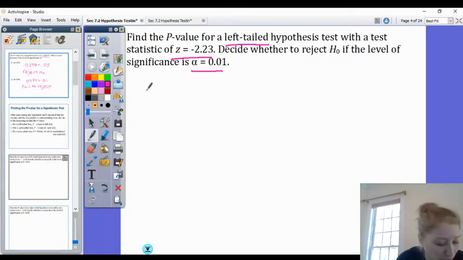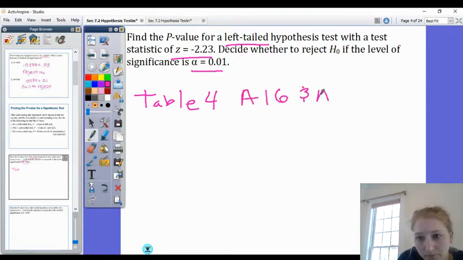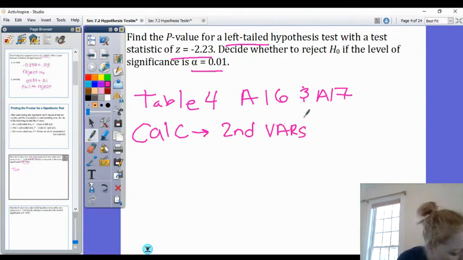We can use the table from the book, table 4, on page A16, A17, in the very back. Or we can use our calculator. The calculator steps, remember, are second vars, and you're going to click normal CDF.